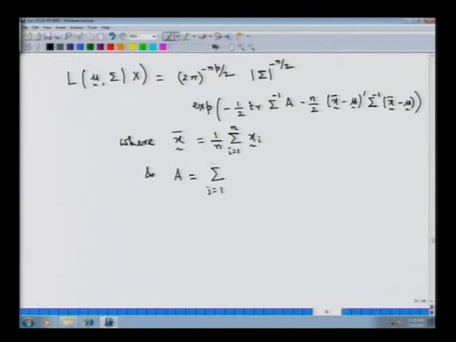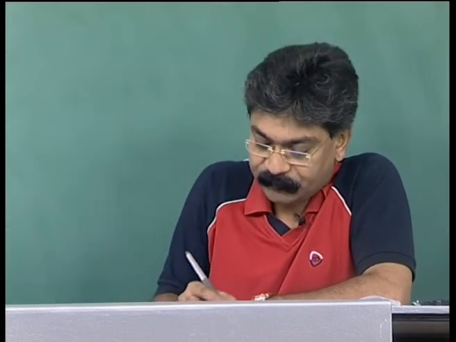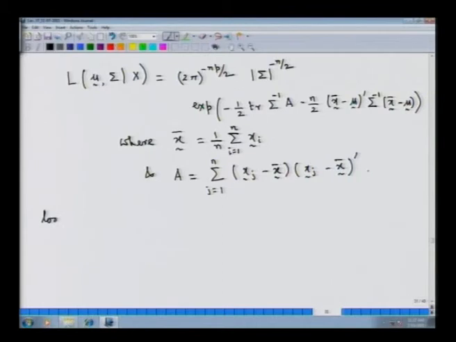So, this A is summation j equal to 1 up to n of x j minus x bar vector into x j minus x bar vector its transpose. So, this is the standard form that we will have as the exponent of the joint distribution of x1, x2, xn, each of them having a multivariate normal distribution with the order of the multivariate normality as p.